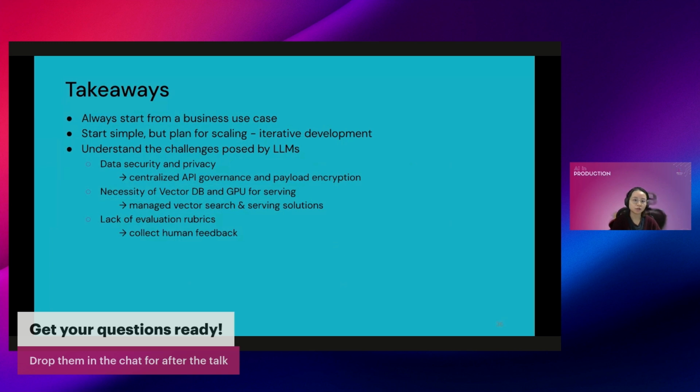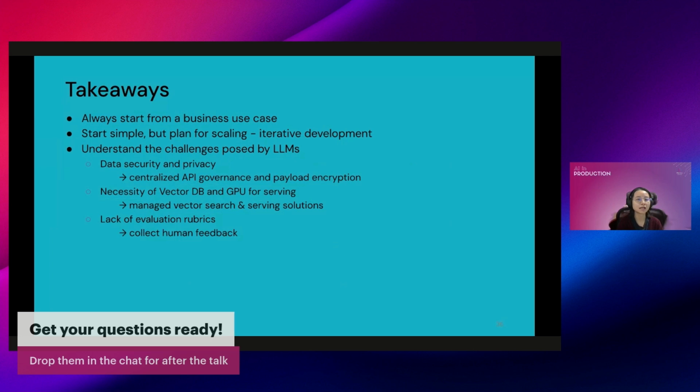You want to keep monitoring the performance and iterate on the system constantly, and then understand the challenges introduced by LLMs and find adaptations to them in terms of data security and privacy.